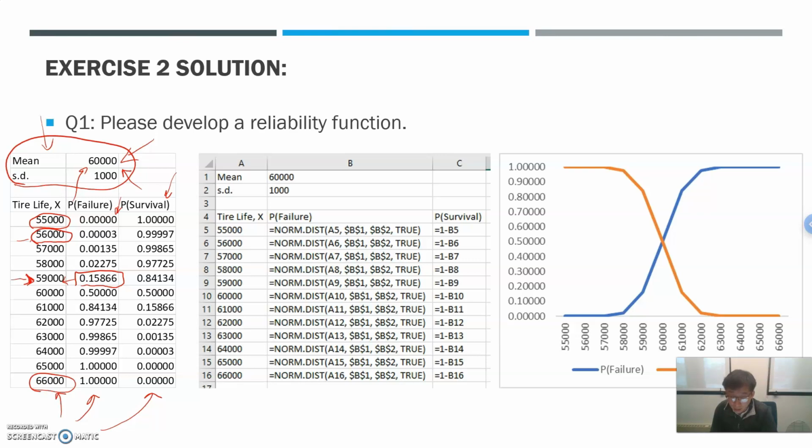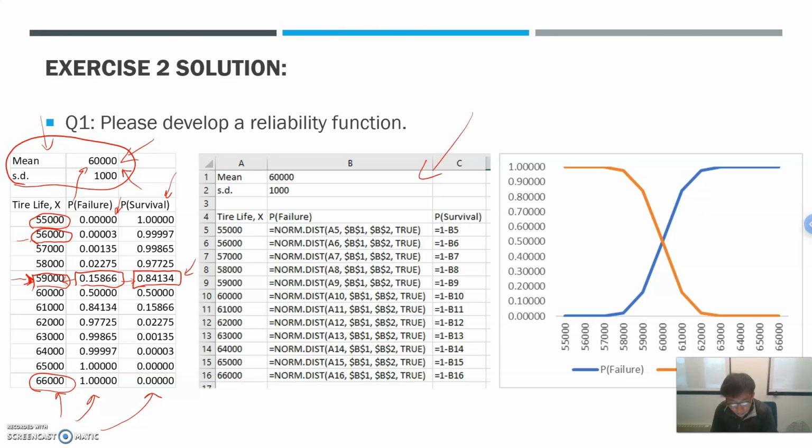And of course, the other 84% chance is that it will not experience failure. So this is the probability that it will survive pretty well beyond this point, 59,000. Therefore, we also call this probability the survival rate at 59,000. Does that make sense?